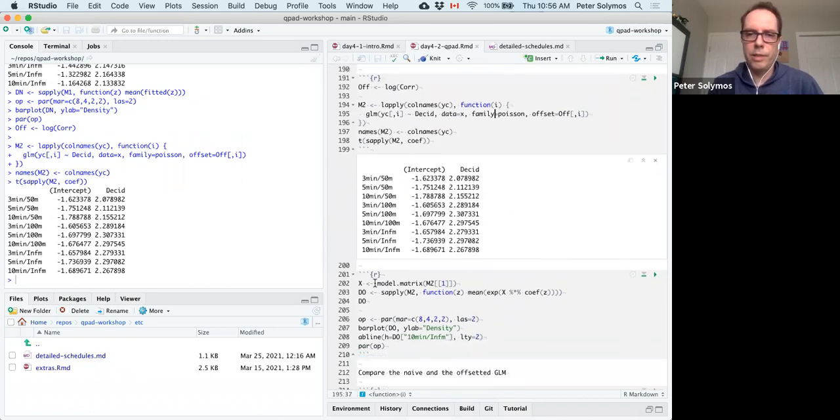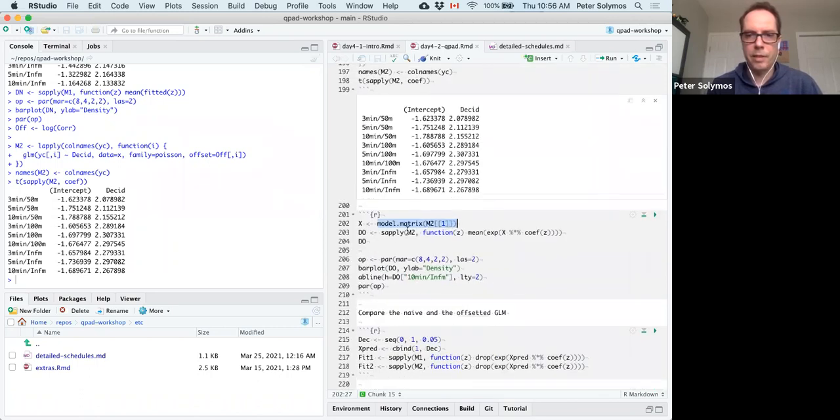Now what we do here is just create a model matrix, because we are going to use that later on for fitting different models. And then we calculate the mean prediction this way so that we can make sure the offset is not going to get incorporated.